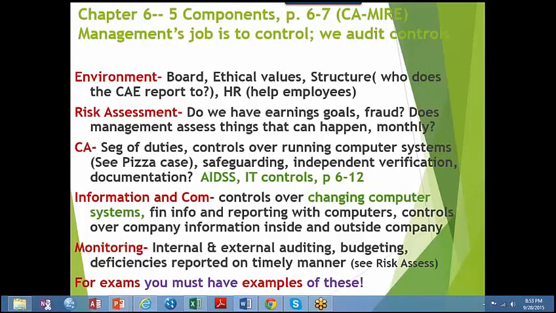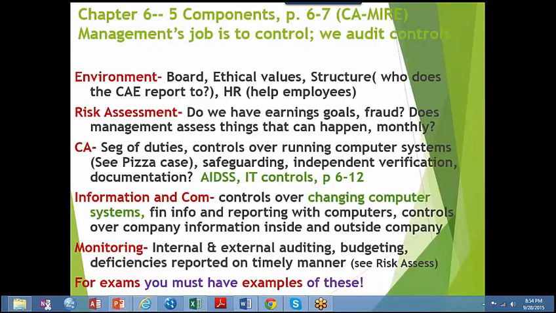So we want to make sure that communication occurs in a very systematic way so that the organization is not relying on rumors and other things, but in fact information is communicated well into the organization. Okay? Environment, we're talking about ethical values, structure, independence of the internal audit group. So for example, who does the chief audit executive report to?